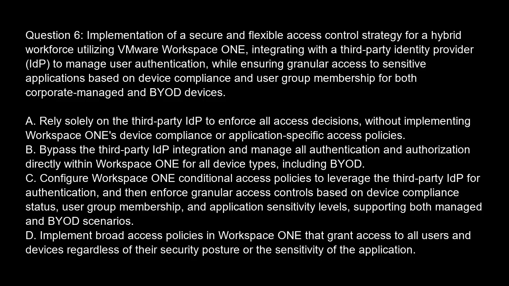Option C. Configure Workspace ONE conditional access policies to leverage the third-party IDP for authentication, and then enforce granular access controls based on device compliance status, user group membership, and application sensitivity levels, supporting both managed and BYOD scenarios. Option D. Implement broad access policies in Workspace ONE that grant access to all users and devices regardless of their security posture or the sensitivity of the application.